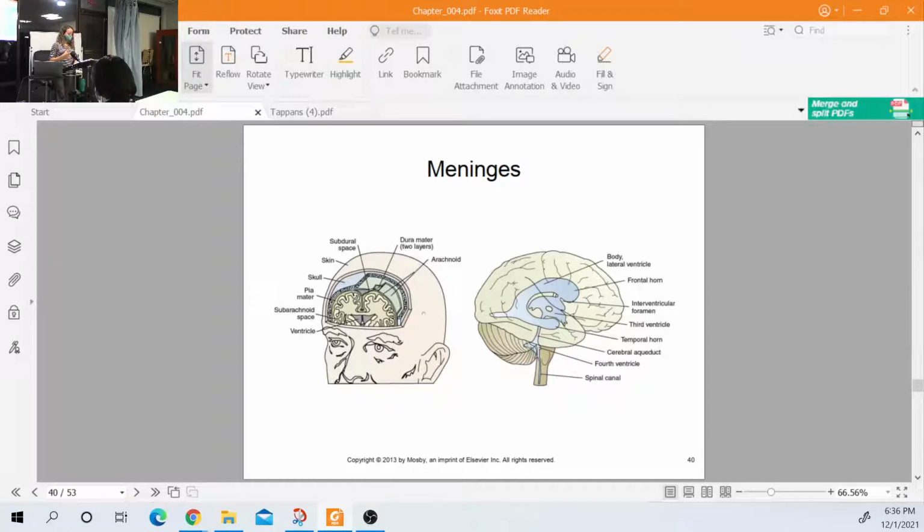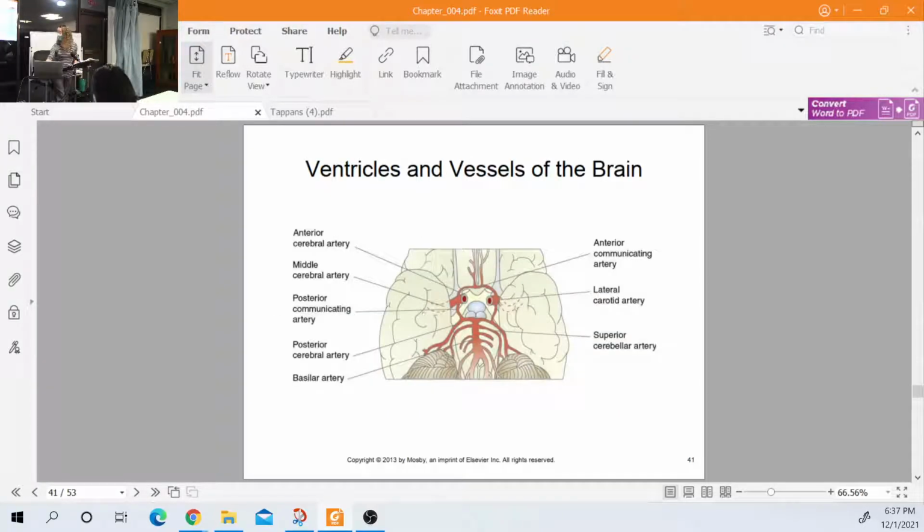Since we relate this to electricity, you don't want to be wet in a thunderstorm holding onto a fence, right? Because water conducts electricity faster. So the cerebrospinal fluid helps all these messages happen faster. Ventricles. The ventricles of the brain are just four chambers that are full of fluid within the brain.